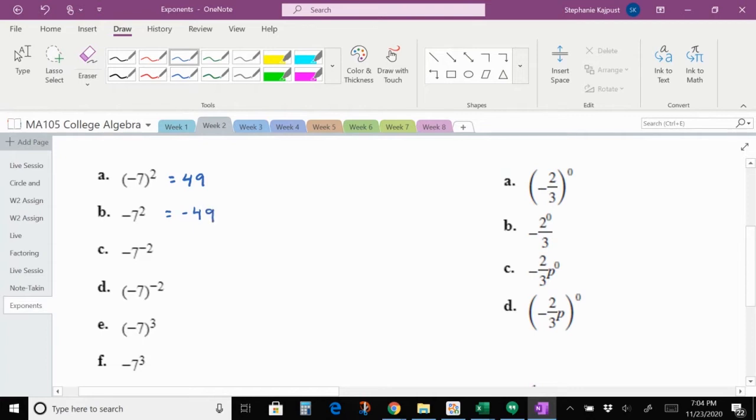And this is really important. A and B are really important because people often mess that up. They'll either write what you see in B, but mean A, where you don't write it properly and miss your parentheses, or they want to do A, but they enter it into the calculator as B, which then gives you the wrong answer.